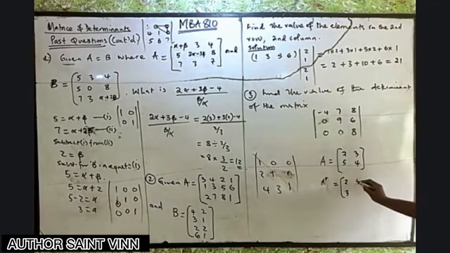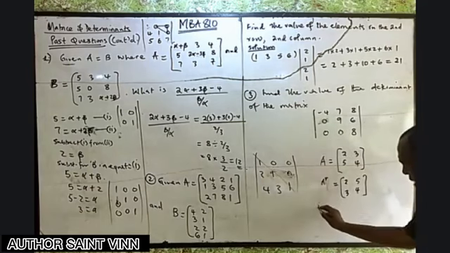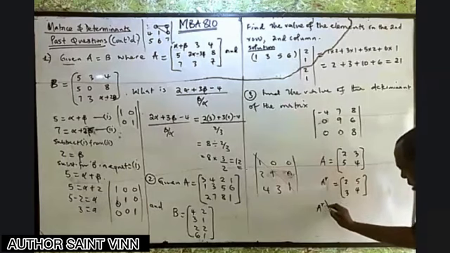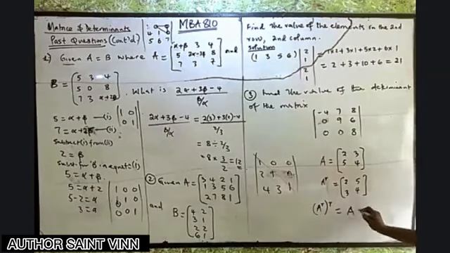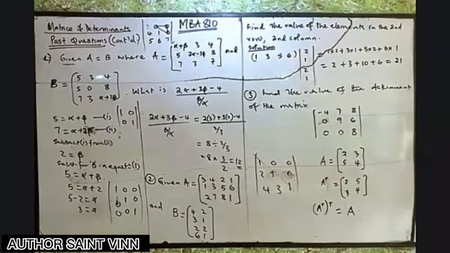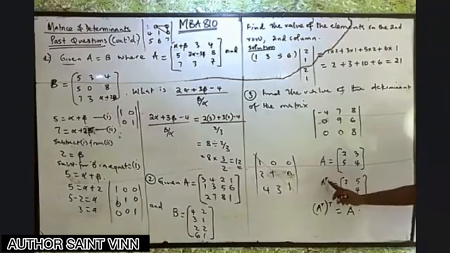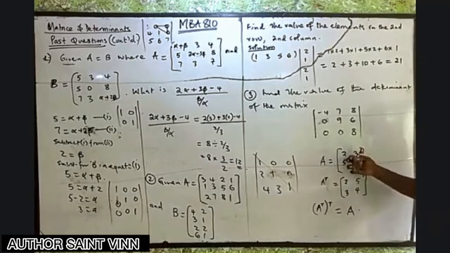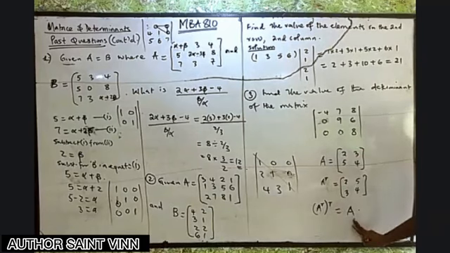The question is saying this is A. If I do transpose again, the answer will still be A. Agree? That means our D is correct, C is correct, and B is also right. This is matrix A, the transpose is this, and taking the transpose of this again gives A. So that is correct.